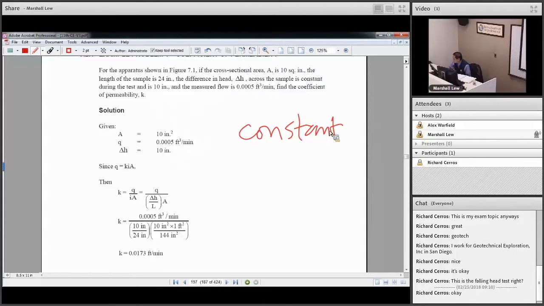And this would be 10 to the 1, 10 to the 2, 10 to the 3. This is the coefficient of permeability k, in units of, I think, centimeters per second.